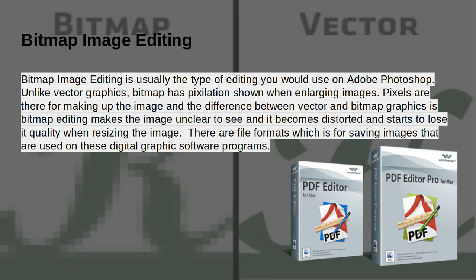Pixels make up the image, and the difference between vector and bitmap graphics is that bitmap editing makes the image unclear to see, and it becomes distorted and starts to lose its quality when resizing the image, as I've mentioned before. And there are file formats, which are for saving images used on these digital graphics software programs.